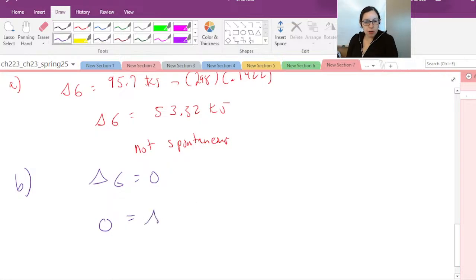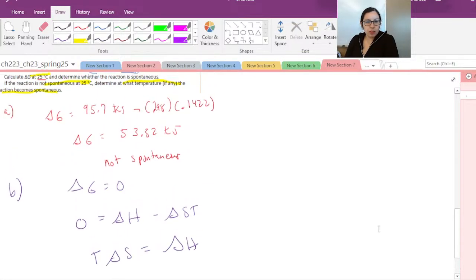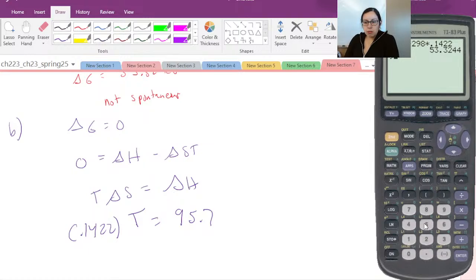Okay, so now we can just set up our algebra. I'm rewriting our formula for a second, and then setting those two equal to each other. Plugging in values at this point is just algebra. Again, keep your units in mind: 0.1422 for the kilojoules of our change in entropy, trying to solve for T. And so what do we get?